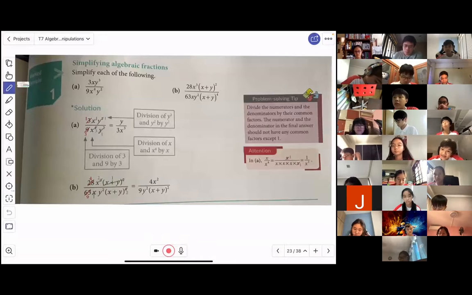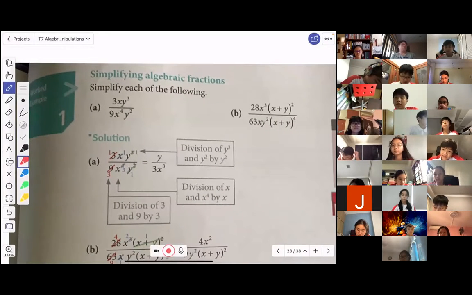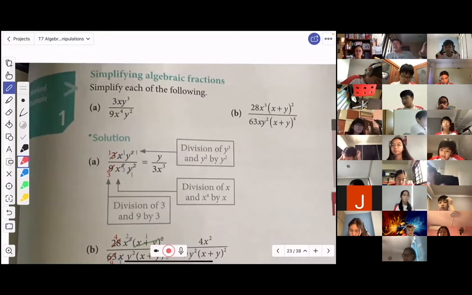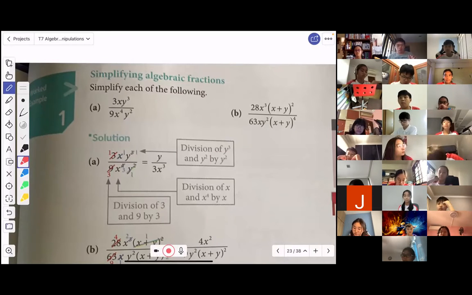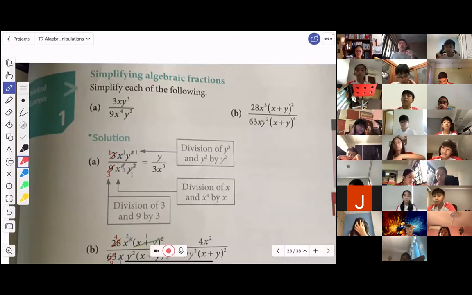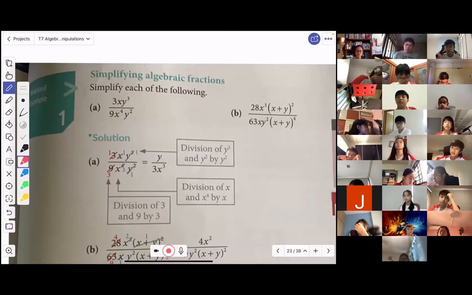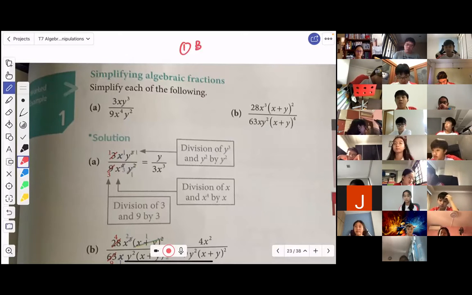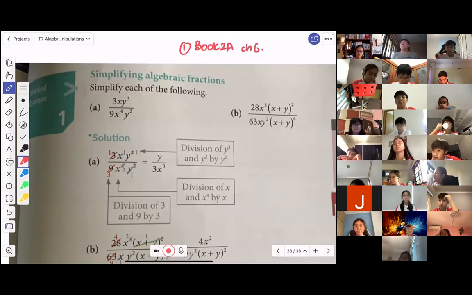Next, simplifying the following expression. These are examples that I picked out from the textbook, the same place where you get your practice set. It's your book 2A, chapter 6.